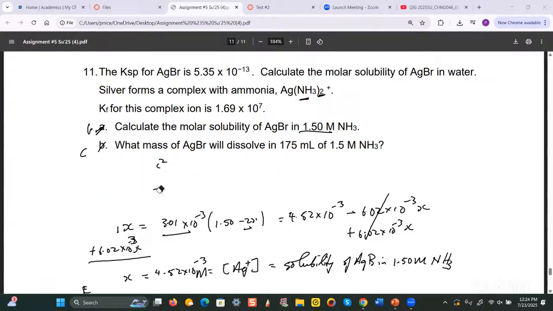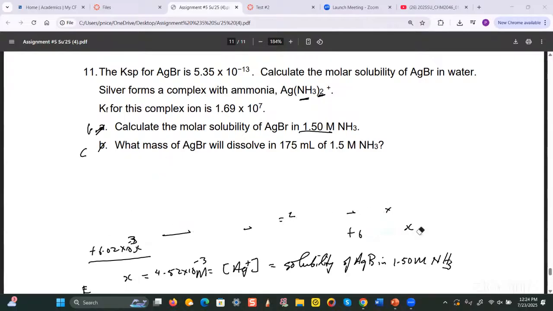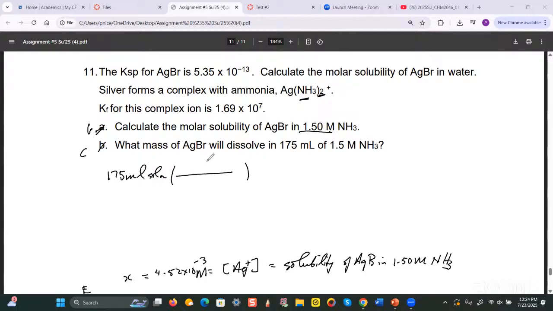So basically, it's all a matter of taking the 175 mL of solution, converting it to liters. So 175 mL of the solution, we're going to convert it to liters. 1 liter over 1,000 mL of the solution.